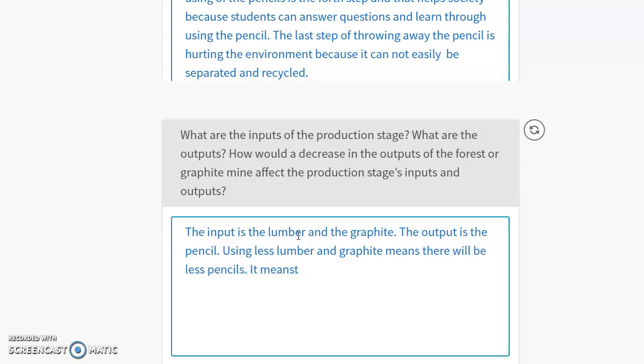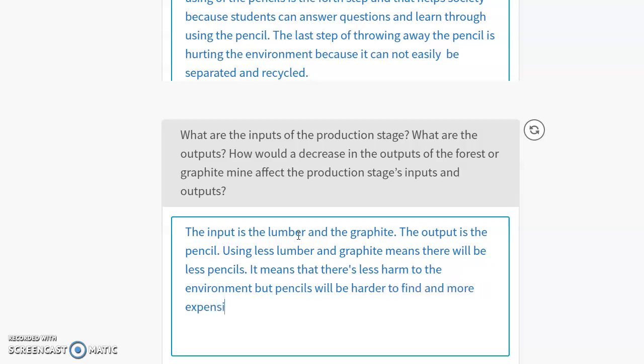It means that there's less harm to the environment, but pencils will be harder to find and more expensive. It's kind of an example of a trade-off.